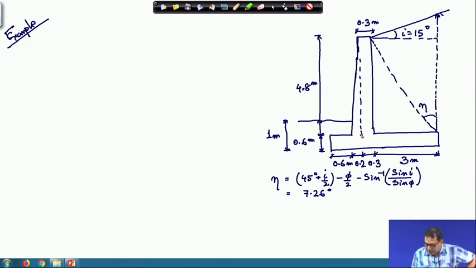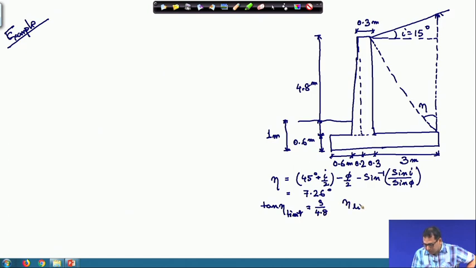if I want to use the Rankine's theory, then this line should not pass through the wall. So, the limit of eta, I can write from here, this is eta, this is 3 meter and this one is 4.8 meter. So, this will be 3 divided by 4.8.